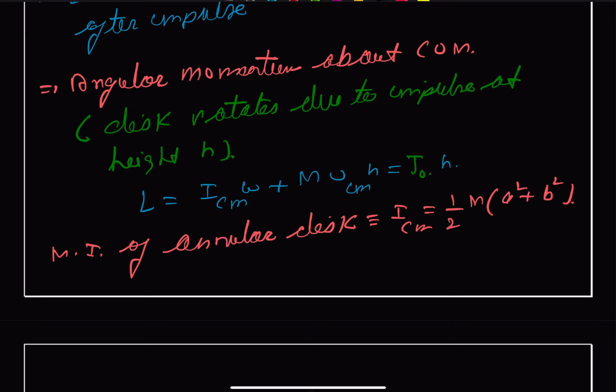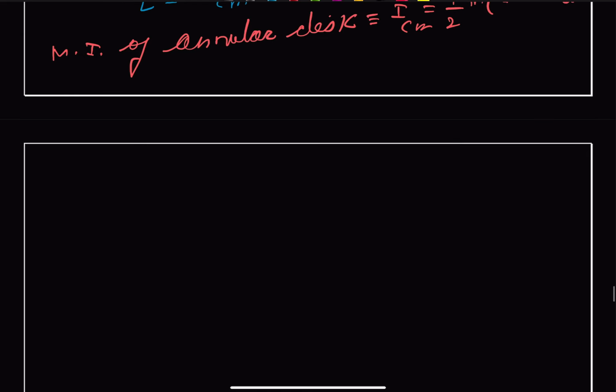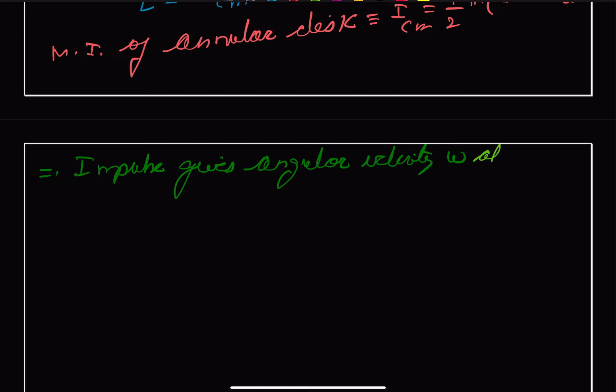and this impulse gives an angular velocity omega. So we can say that our impulse gives angular velocity omega about the center of mass.